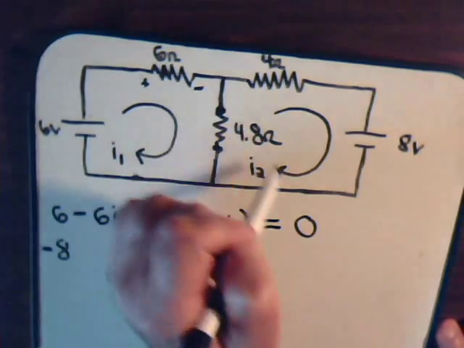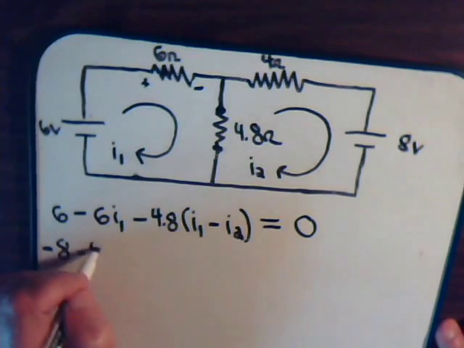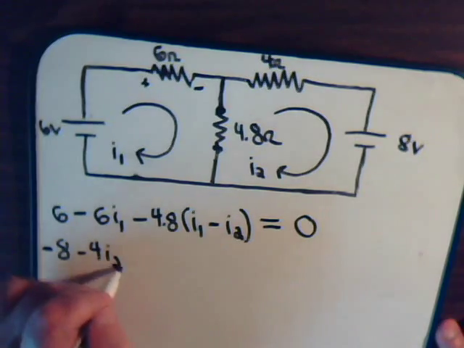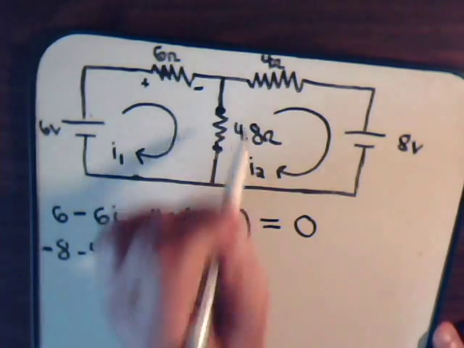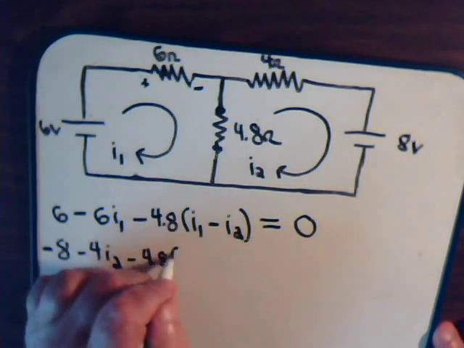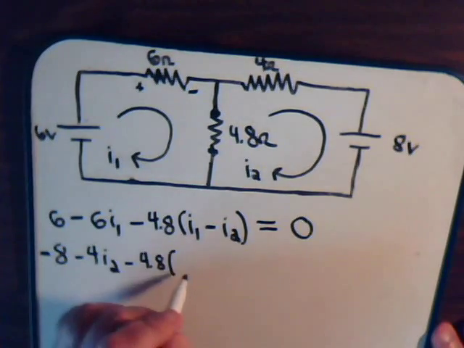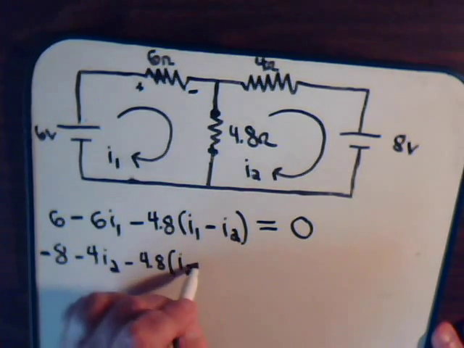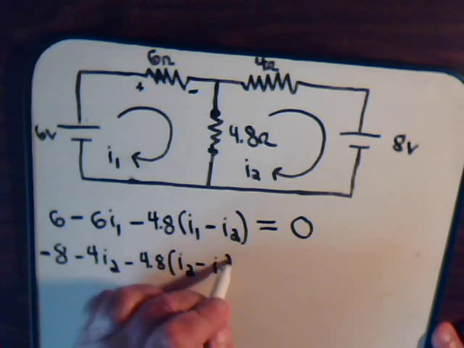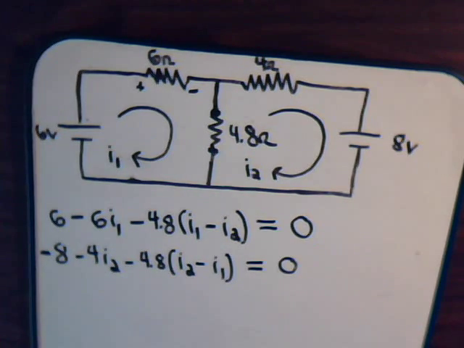And the current that's going through here is minus 4 times I2, and then that goes to the 4.8 resistor, that's minus 4.8. Well, now the current is I2 minus I1. And those have to sum up to be 0.